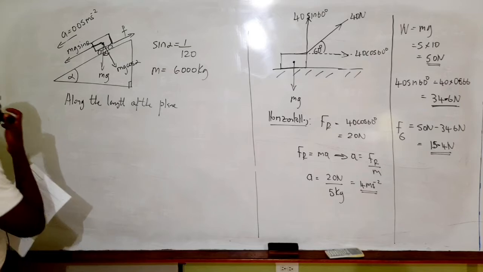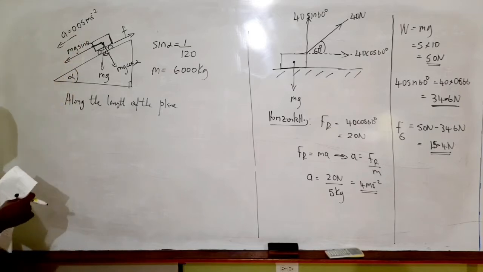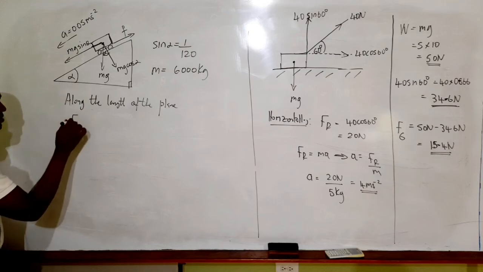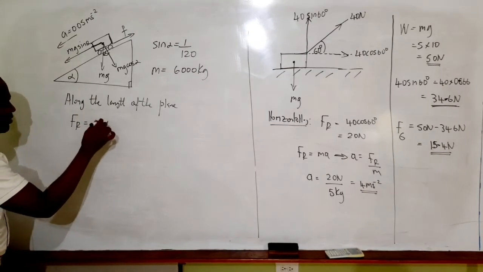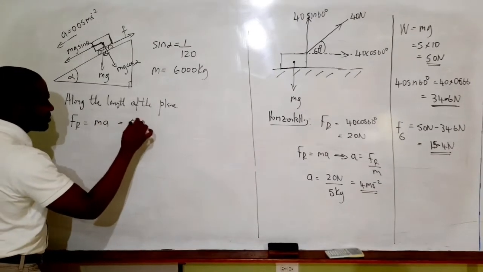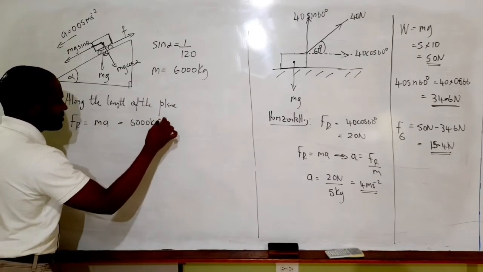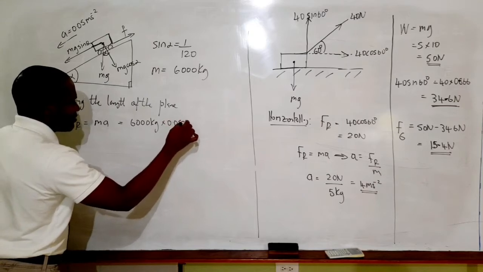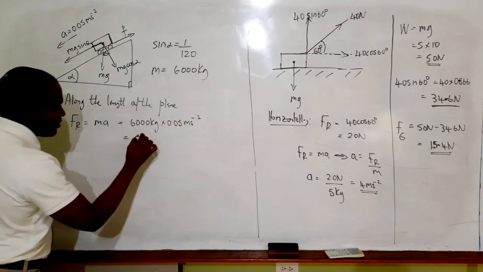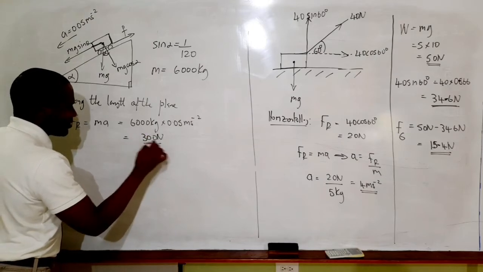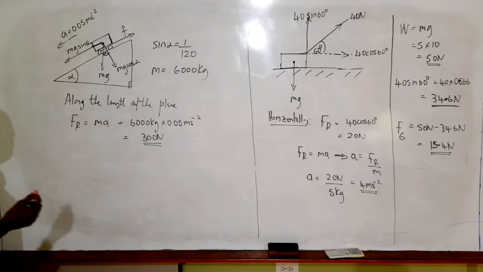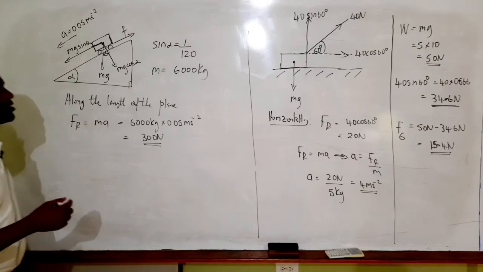Right? So we're given the acceleration 0.05 meters per second squared. So by Newton's second law, the resultant force Fr is equal to ma. And so this gives us 6,000 kilograms times 0.05 meters per second squared, which gives us 300 newtons. So the resultant force along the slope, or along the length of the plane, is equal to 300 newtons.